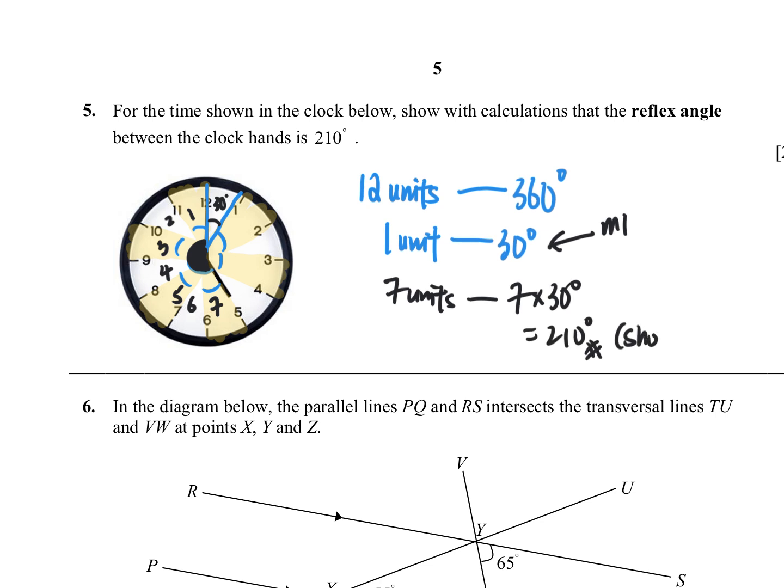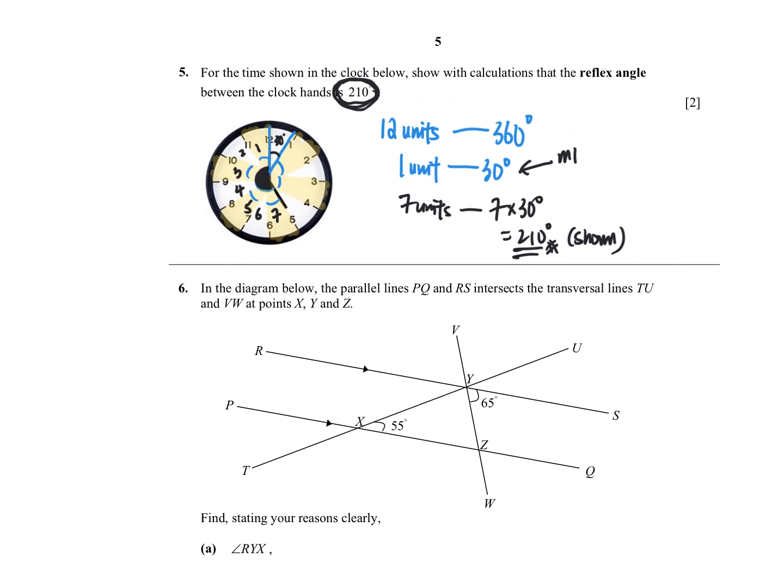So you write shown. Okay, so some of you went to find a smaller one. You go and find 5 units is 150. You use 360 minus 150. That's fine. Okay, so as long as you never start from here. You have to show me that you got 210, but rather than using the 210 to show me that it's true.